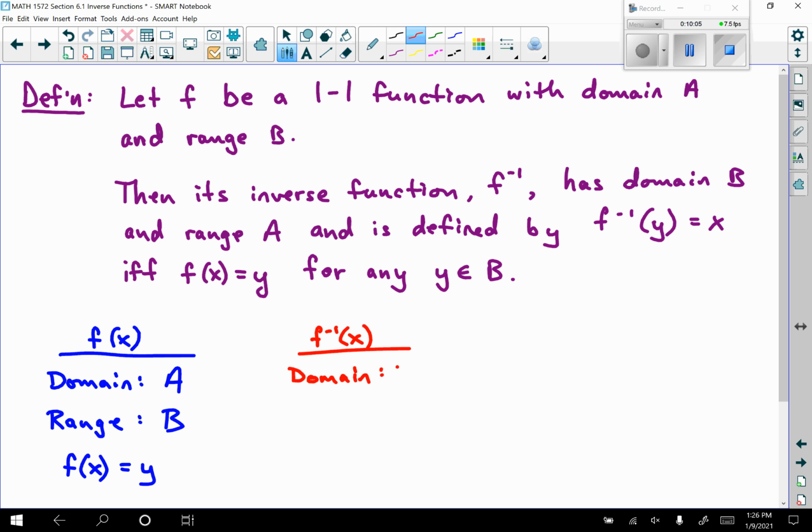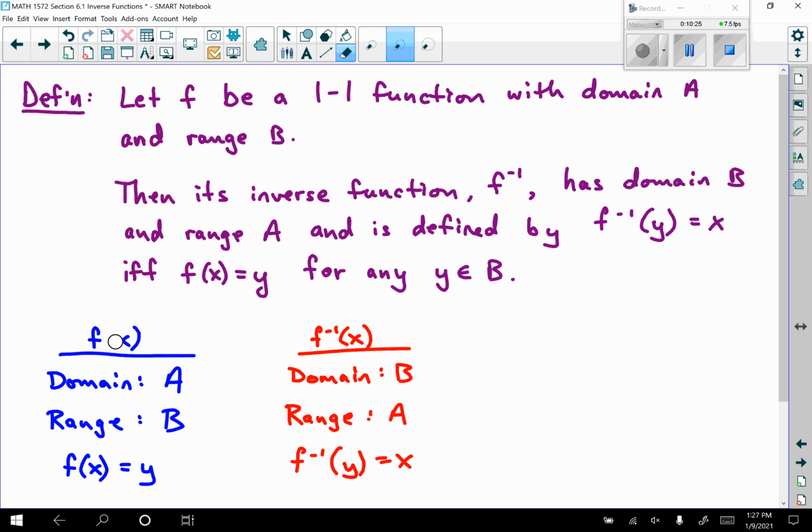So that would be whatever B is being described as. The range would be A. And then if we were to substitute a value in here, we would simply switch around the y and the x. So I'm actually going to erase this part up here. We'll just say f and then the inverse of f. Don't want to get too confused with the x's and y's with what I have written down here.